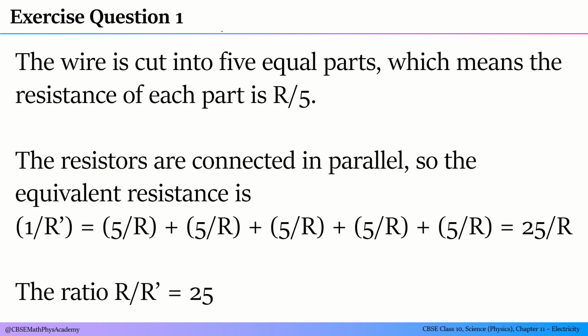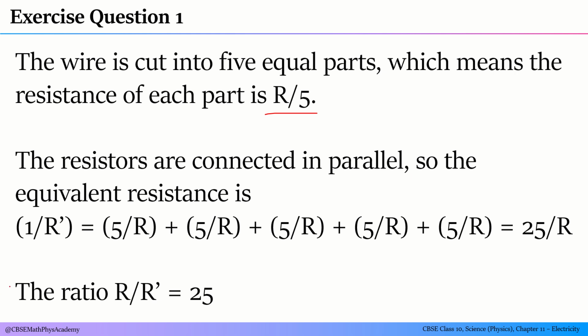So the solution goes this way. The wire is cut into 5 equal parts, which means each part has a resistance of R by 5. When the resistors are connected in parallel, the total resistance, as we saw in video 8, is given by 1 by R is equal to 1 by R1 plus 1 by R2 plus 1 by R3 and so on.